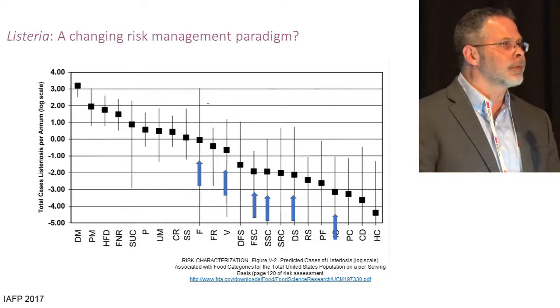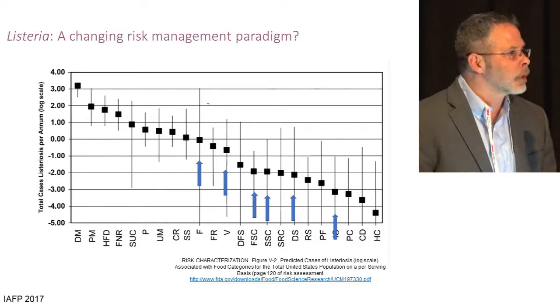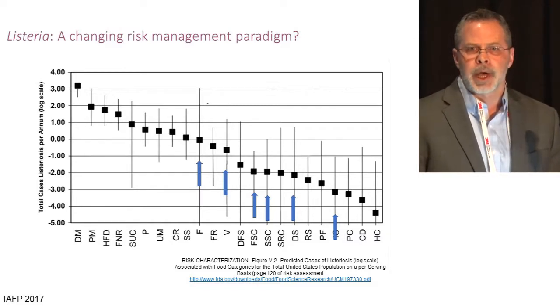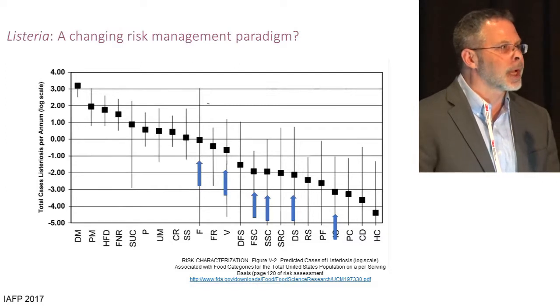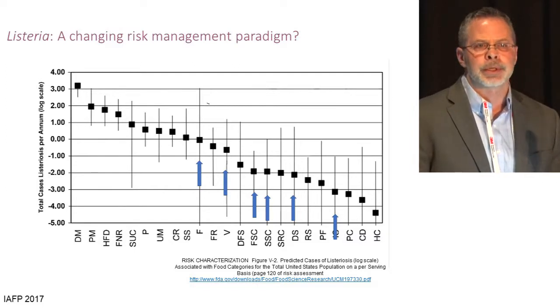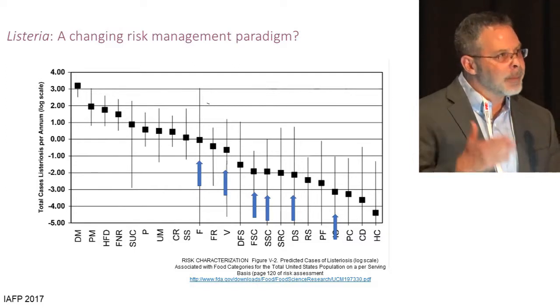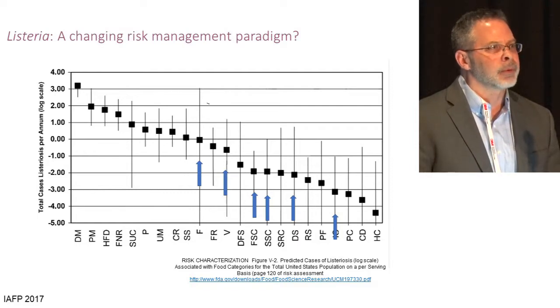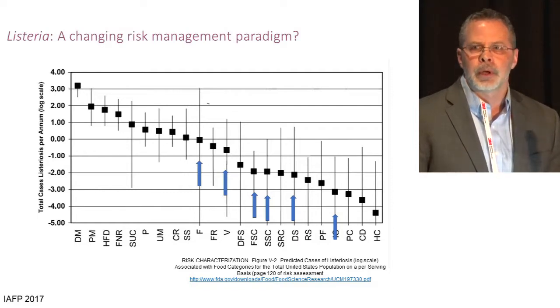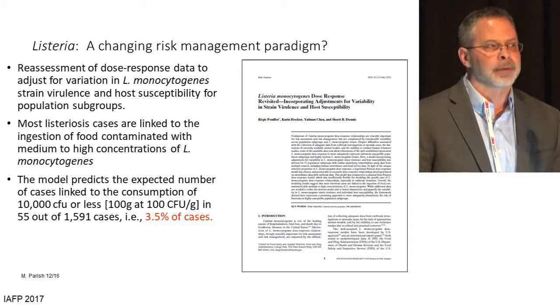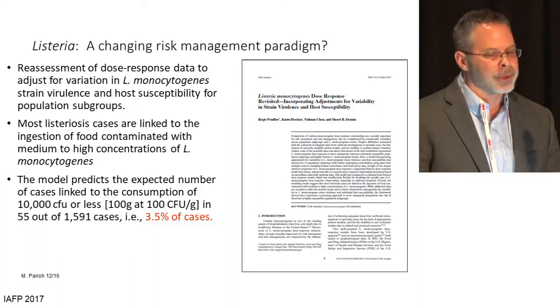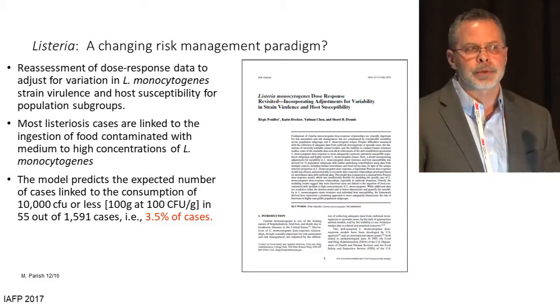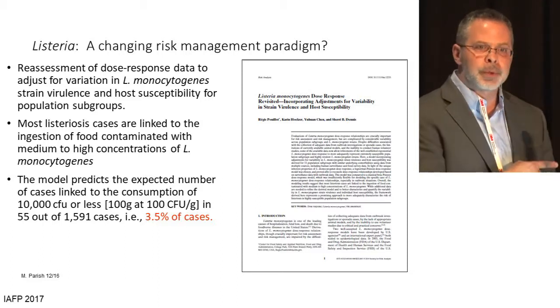In 2011, there was a dose response workshop that was hosted by the Joint Institute for Food Safety and Applied Nutrition and the Interagency Risk Assessment Consortium, and they came up with a number of things that would make the dose response calculations more effective. What are the data needs? What are the approaches we should take? And a group of scientists took on reassessing some of the dose response information, and this was their conclusion.